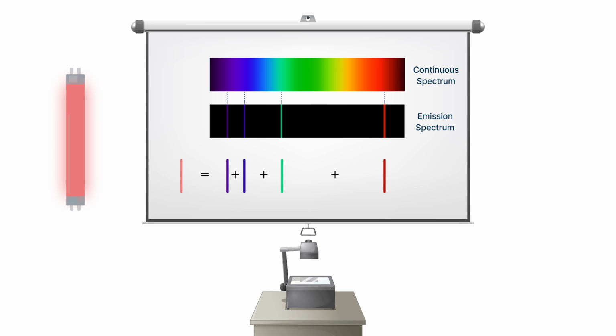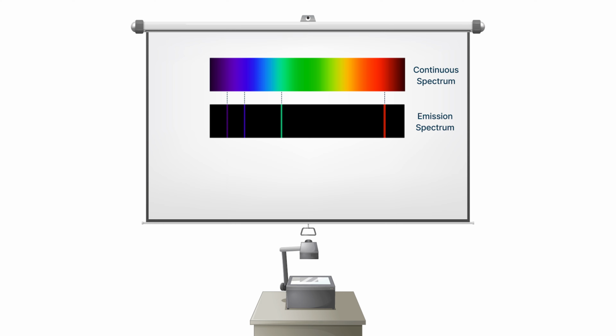If you combine these four colored lines in the same way that you might mix paint, you get the same reddish pink color that your eyes see when you look at the hydrogen discharge tube. Our eyes are just incapable of seeing the constituent colors in the mix that give hydrogen its characteristic pink glow in a discharge tube. We need a prism to break it up into its constituent frequencies.